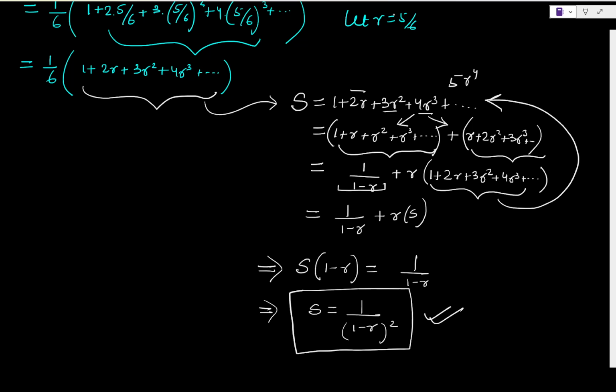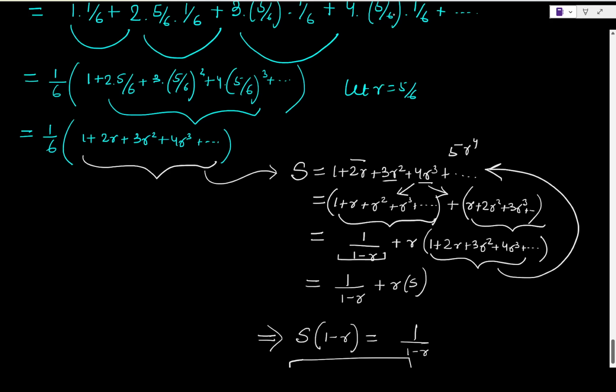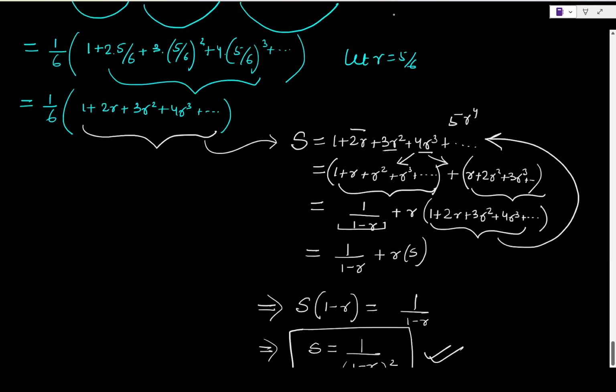Now, one more side quest that I would like to do before I jump back to the original problem, and people may feel free to skip this, is that I would still like to show people from where this result came from. Like the infinite summation of 1 plus r plus r square plus r cube up to infinity is 1 by 1 minus r. I don't want people to assume this.